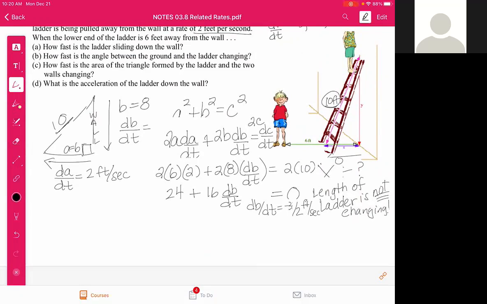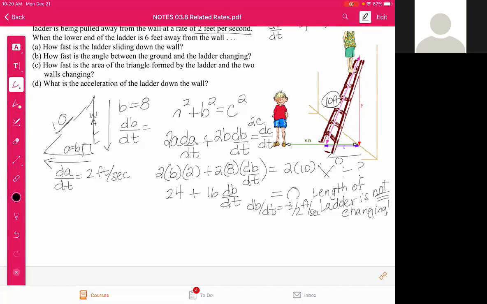All right. Any questions about that? So we used the Pythagorean theorem and we took the derivative. Okay, part B. How fast is the angle between the ground and the ladder changing?